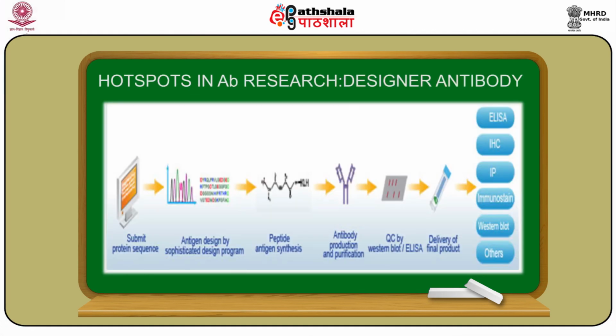What are the important hotspots in antibody research? They are mainly the production of monoclonal antibody, production of designer antibodies by designing first the antigen from the peptide sequence and preparing the antibody of interest, making different electrochemical sensors.